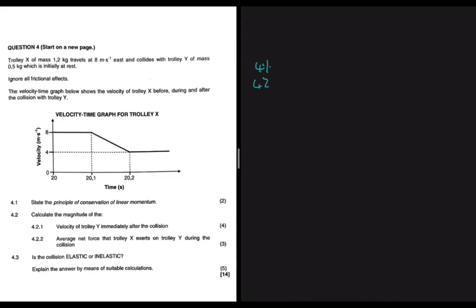And 4.2.1. For 4.2.1, we're looking for the velocity of trolley Y immediately after the collision. So how can we possibly determine the velocity of trolley Y immediately after the collision? We are going to use the principle of conservation of linear momentum, because we know fully well that the sum of the momentum before a collision should be equal to the sum of the momentum after a collision, right?